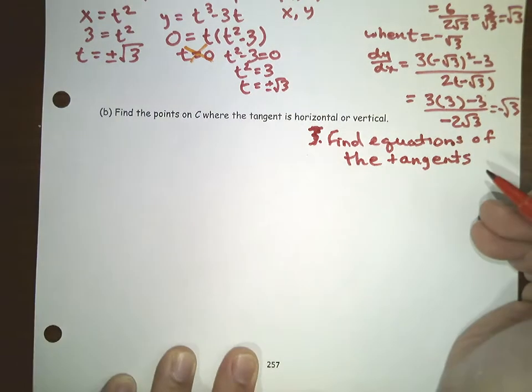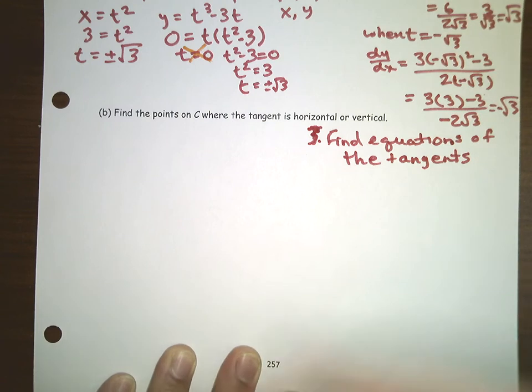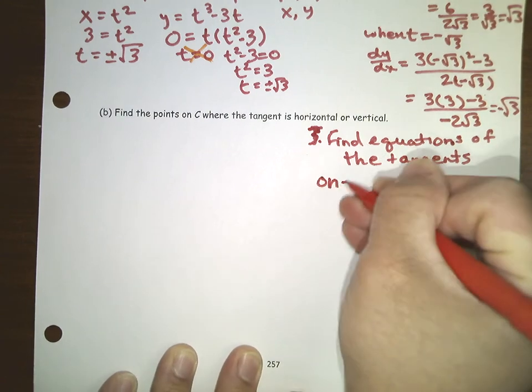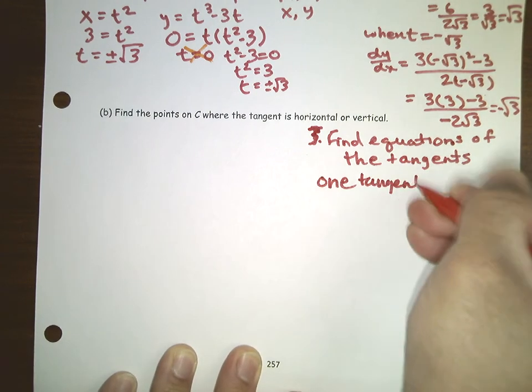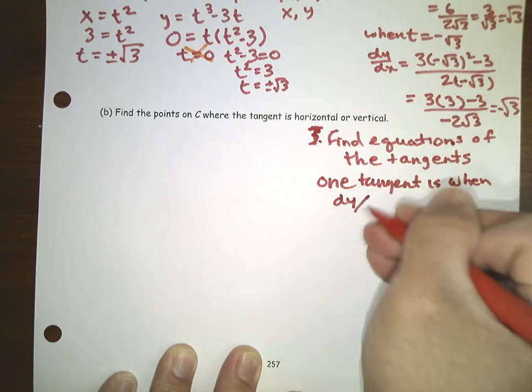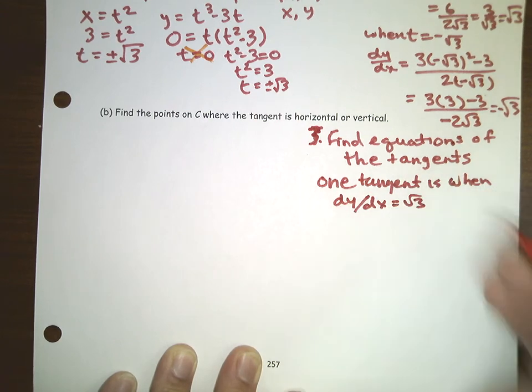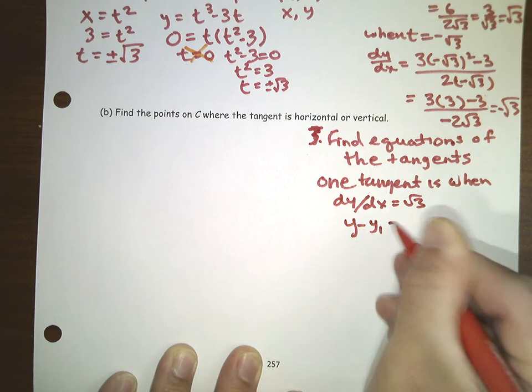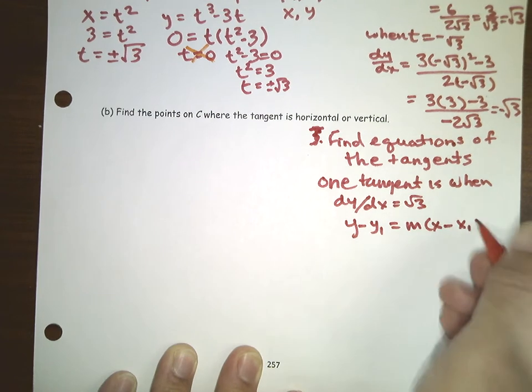So what do you have then? One tangent is when dy/dx is equal to the square root of 3, and we have y minus y1 equals m times x minus x1.